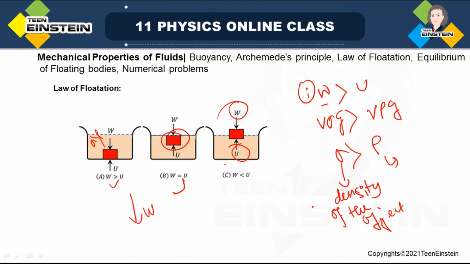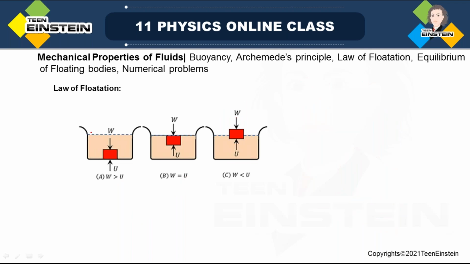Here, see, in this case sigma, the density of this object, is greater than rho. In this case rho may be equal to sigma, and here again sigma is less than rho.